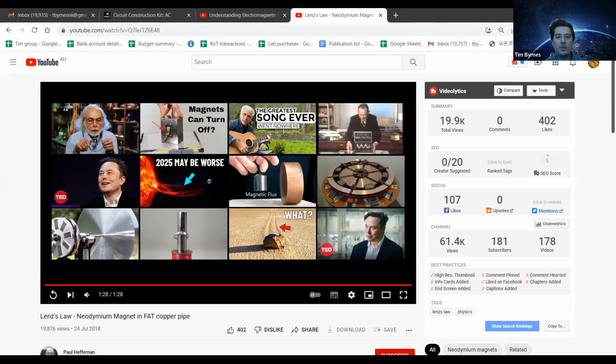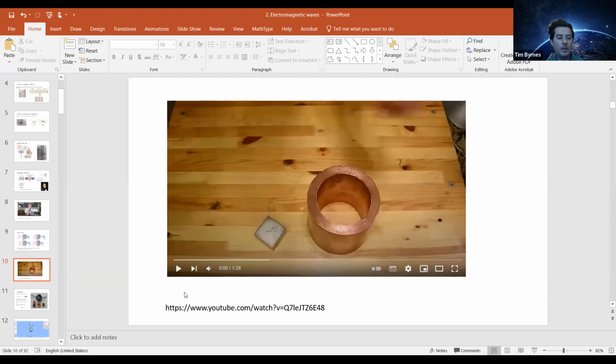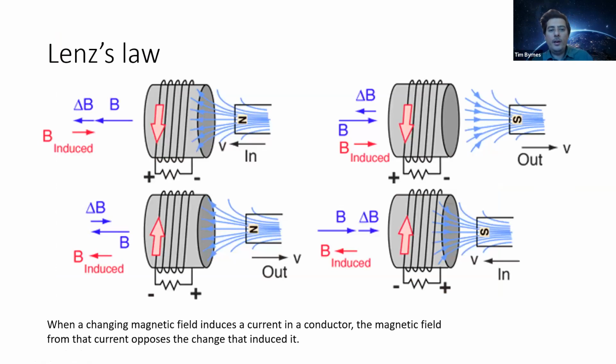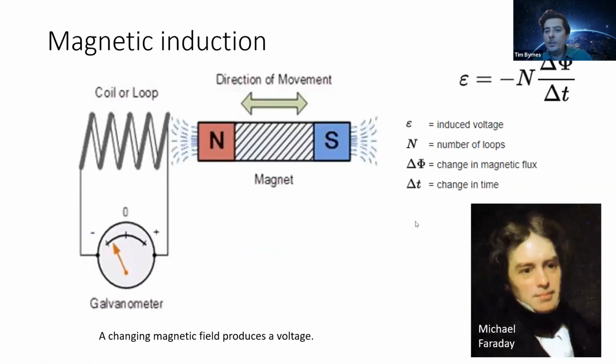Okay, so that's sort of Lenz's law. But the main concept that I want you to get here is that this Lenz's law and this Faraday's law are very similar in a way. It's just saying that a changing magnetic field produces either a voltage or a current or an electric field.